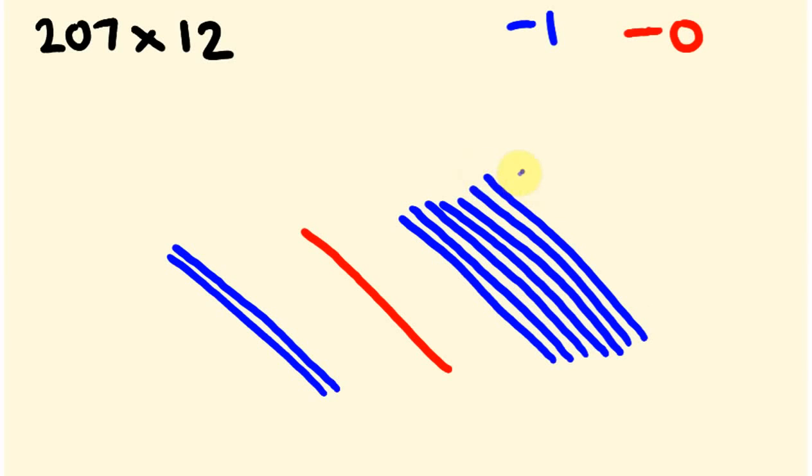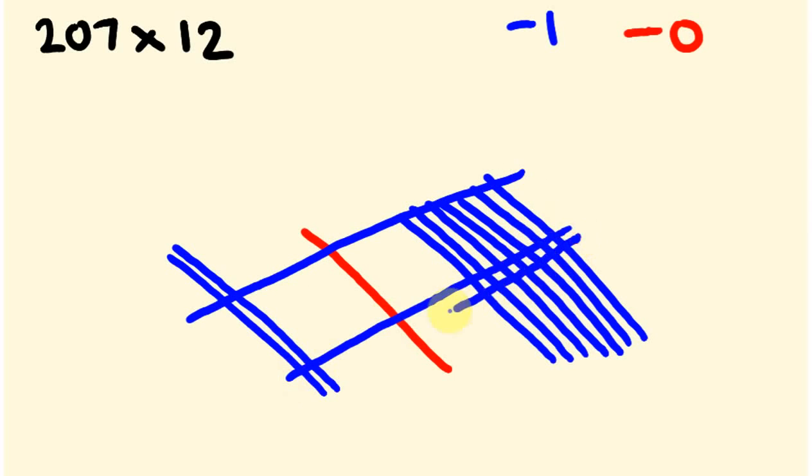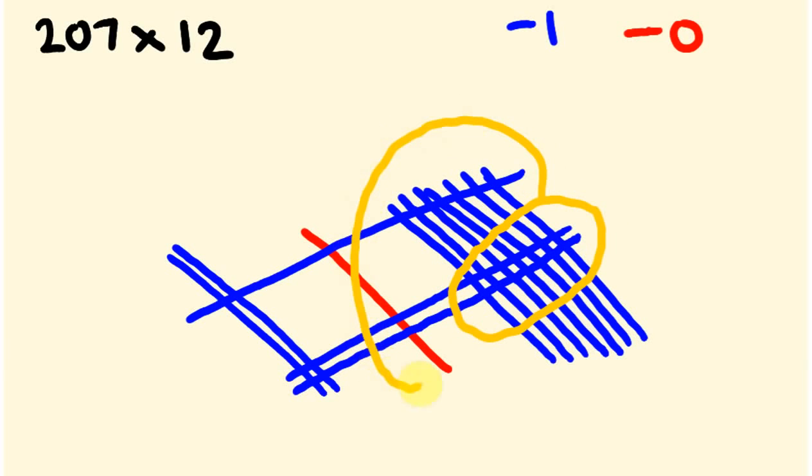And 12, we had 1, and 1, 2. I'll extend those out a little bit. It's not perfect, but you can visualise that we have the units part here, the far right part, then the next one along, and the next one along, which is our tens.